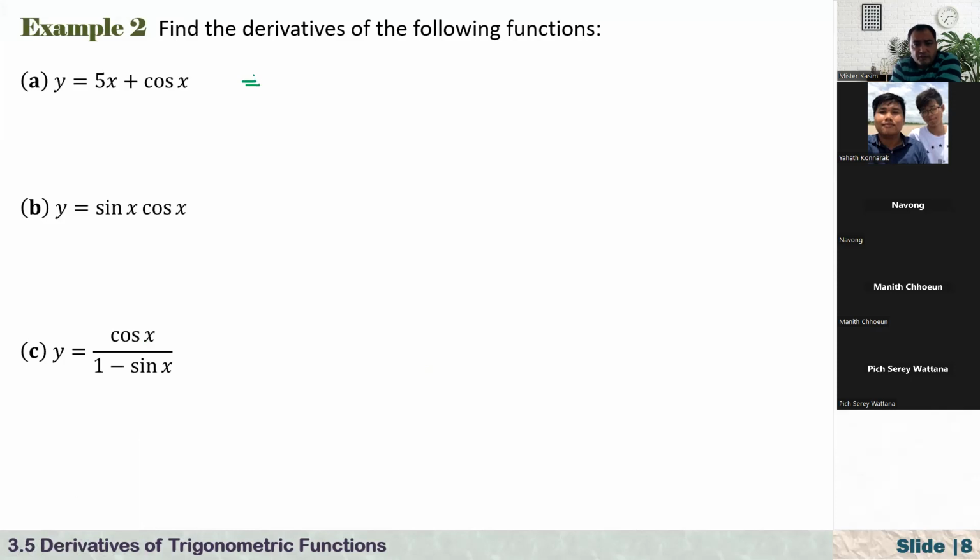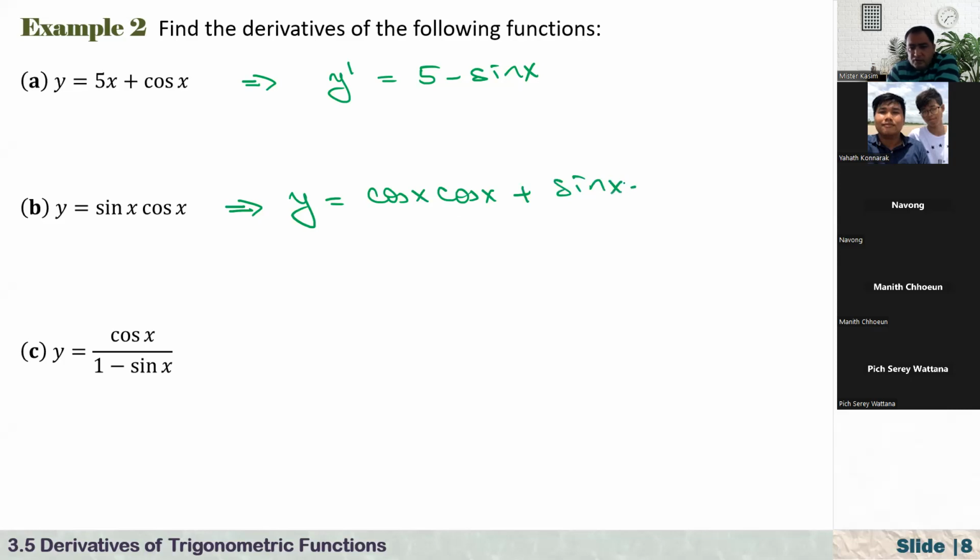The first one, what is the derivative of 5x plus cosine of x? y prime is equal to 5, plus the derivative of cosine of x, which is minus sine of x. And how about sine x times cosine of x, the product of two functions? The derivative is u prime v, that is cosine of x times cosine of x, plus sine of x times the derivative of cosine of x, which is minus sine of x.